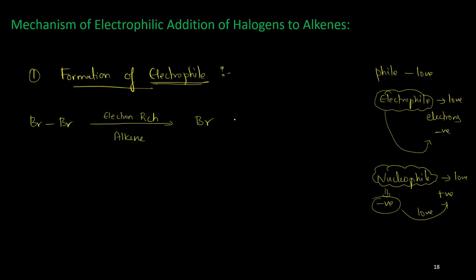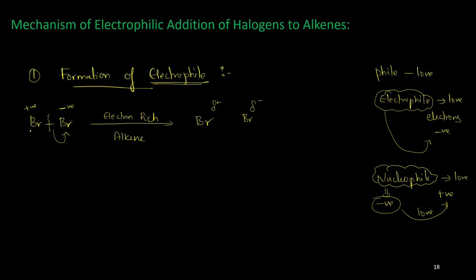So one will be having slightly positive, the other one will be having slightly negative. So the bond will be broken, and the electrons present in the bond will be taken by one. So that one will get the negative charge. And the one which lost the electrons in the bond, that will turn out to be positive.